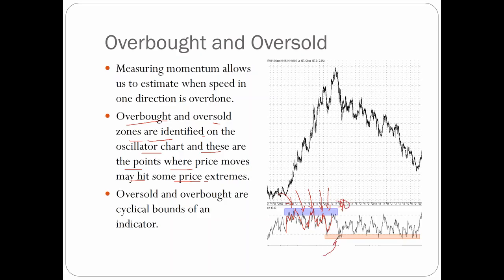Similarly, we see that whenever the price is hitting the 30 area, the price is repelling upside, and it is creating an oversold zone. Similarly, the overbought and oversold areas have been marked in this way.